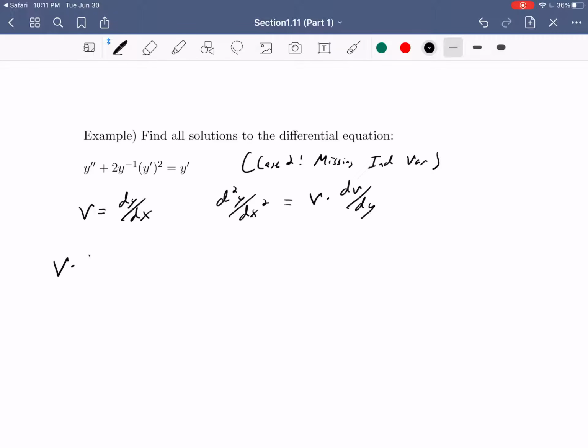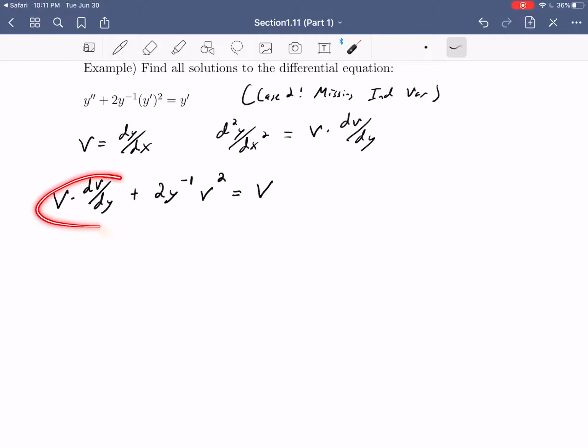So we get v times dv/dy plus 2y to the minus 1. Then that y prime squared can now be thought about as v squared. So we get v squared is equal to y prime, which of course again we can think about as v. So now we have a differential equation that is first order where y is independent and v is dependent.